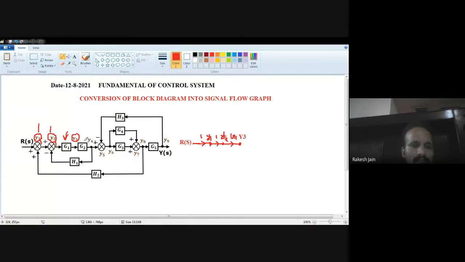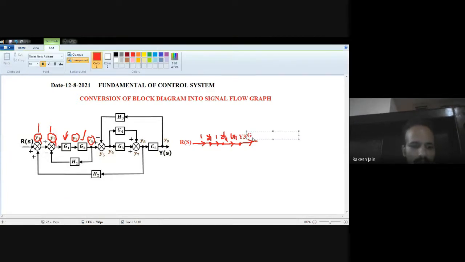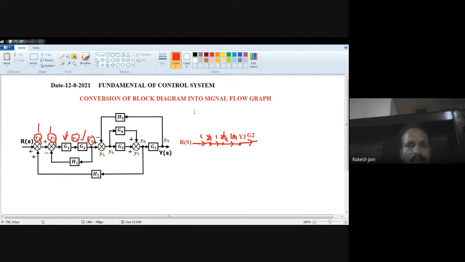Then the node name will be Y4 and the gain value is G2, so I draw a line having a gain of G2, and the name of the node is Y4.